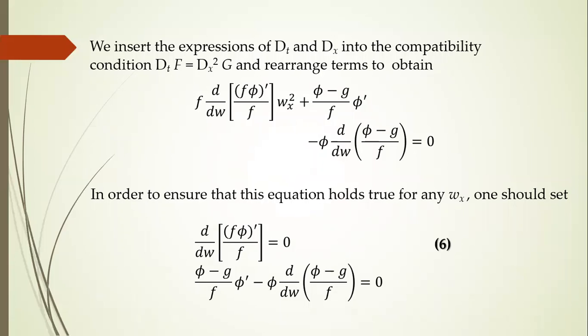In order to ensure that this equation holds true for any w_x, one should set d/dw ((f phi)' / f) = 0, equation 6, and (phi - g/f) phi' - phi d/dw (phi - g/f) = 0.